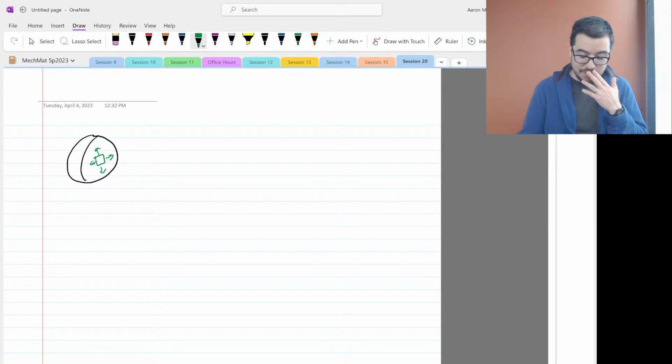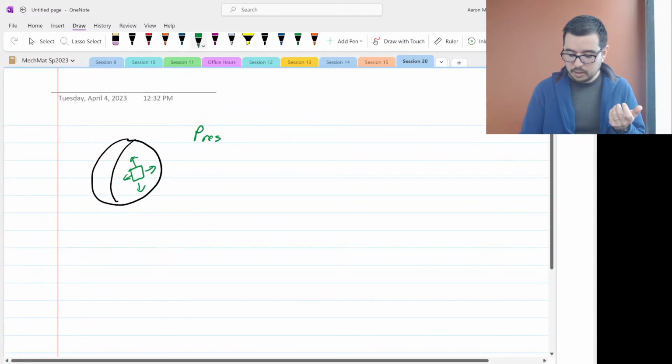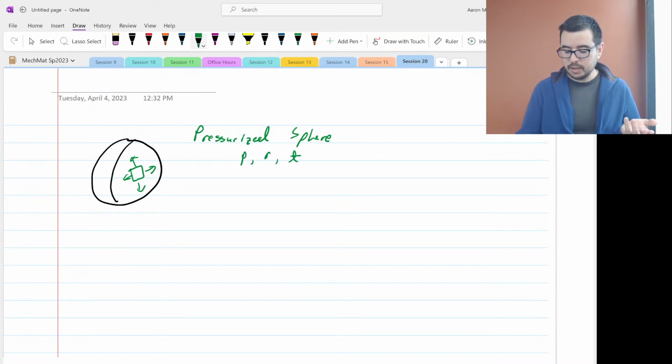Okay, so this is a really bad looking sphere. This is the worst. Okay, so a pressurized sphere with internal radius r. We have P, R, and T, and we know that the stress in the wall is going to be biaxial.